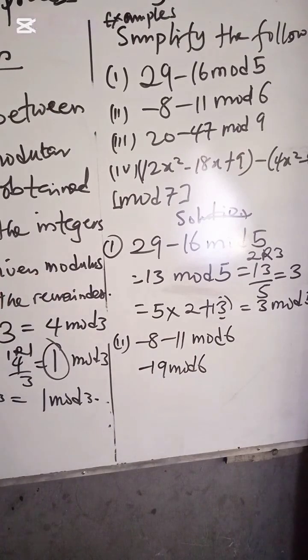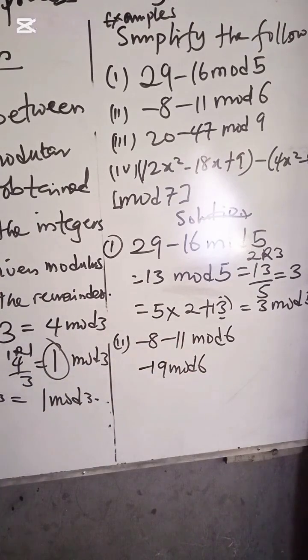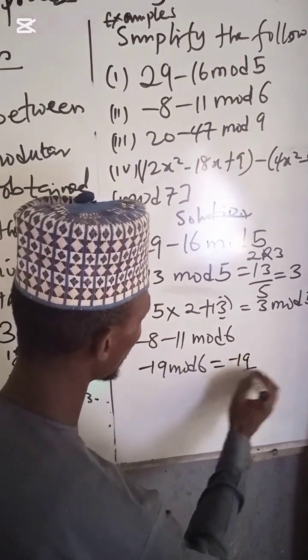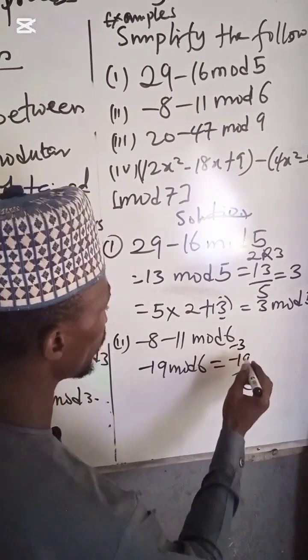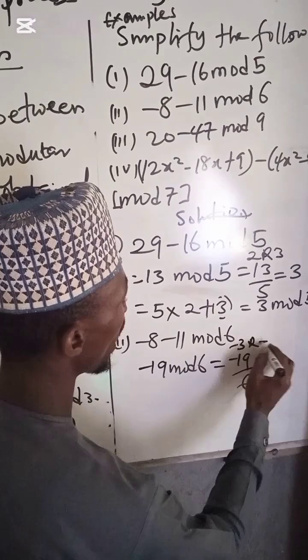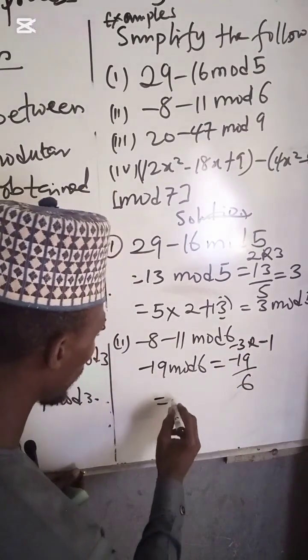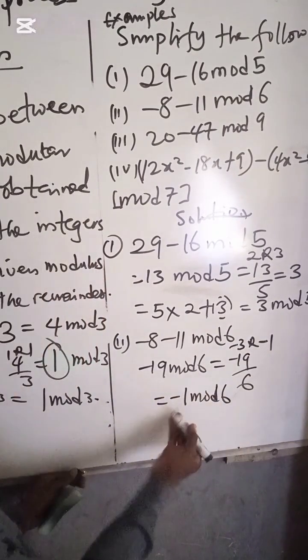Remember, with modular arithmetic, it is movement or covering of a distance around the circle. And if that is the case, while having a negative, the only thing we can do first of all is to do minus 19 over 6. That is minus 3 remainder minus 1. So ordinarily we would have minus 1 modulus 6. But we can't have this here.